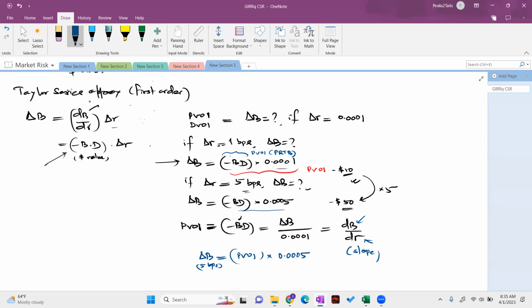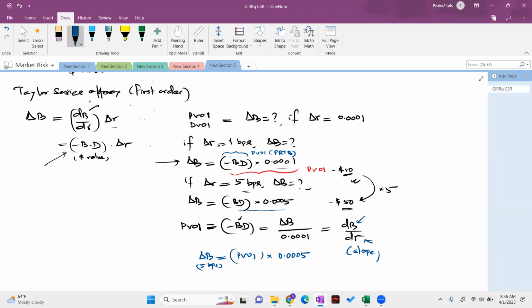So no need to worry about convexity and all. But you are right in the context that every time you have to recalculate the duration. Not 5 times in this case. If it is a 5 basis point jump, simply use the duration or the PV01 times 0.0005. That will give you the answer.